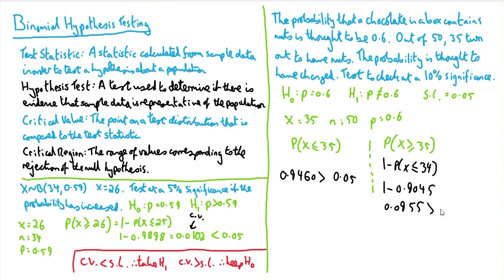This, again, is greater than the 0.05. It's much closer, but it's still bigger than it. Since both of these are bigger than the significance level, both of them are telling us to keep the null hypothesis, that there isn't enough evidence available at the moment to change our minds.